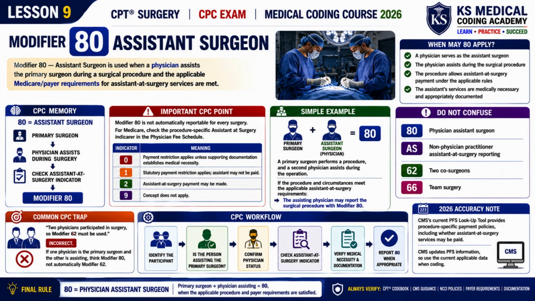Remember, primary surgeon plus physician assisting equals modifier 80 when the applicable requirements are satisfied. Always verify the current CPT, CMS, NCCI, Medicare indicators, and payer-specific requirements before reporting modifier 80.